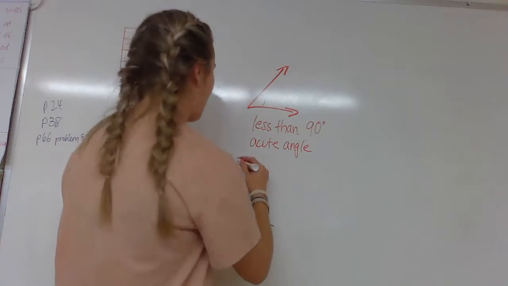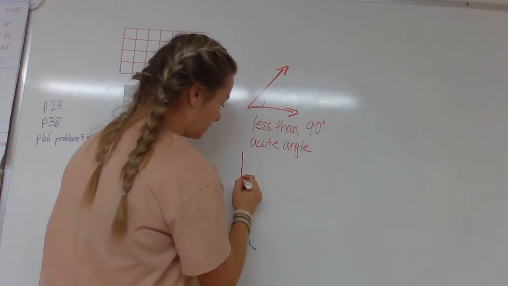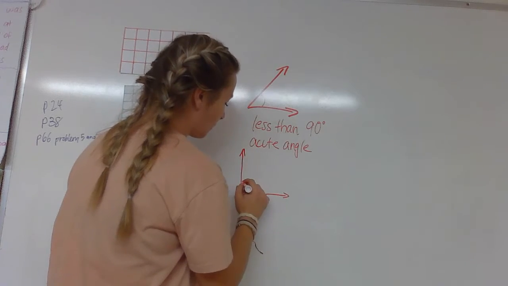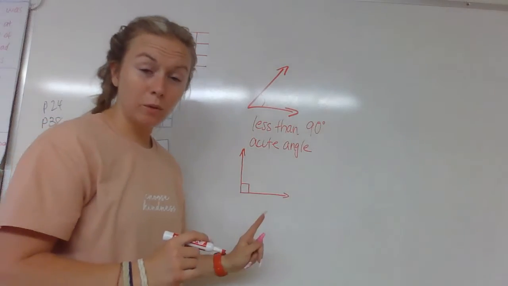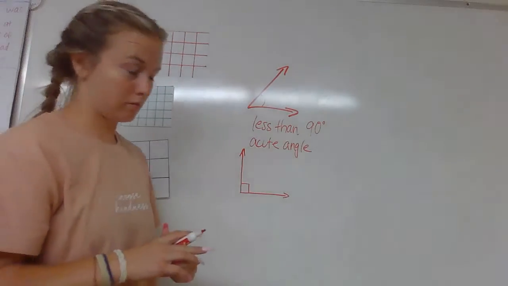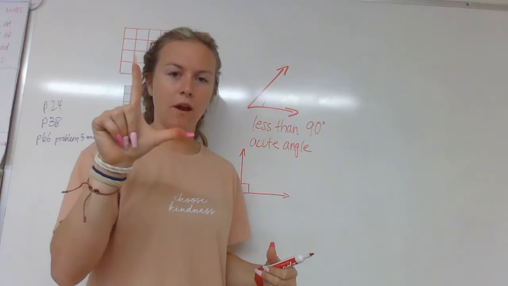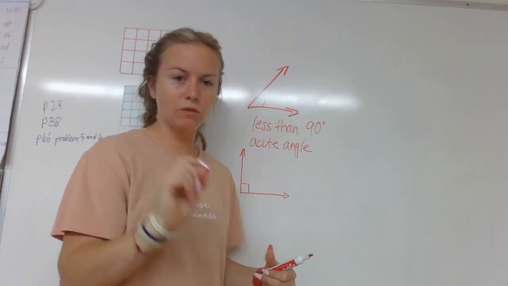What if I did this one? I don't have a ruler with me right now, but what is this? Less than 90, equal to 90, or greater than 90? So we've got acute, 90 for a right angle, and obtuse.